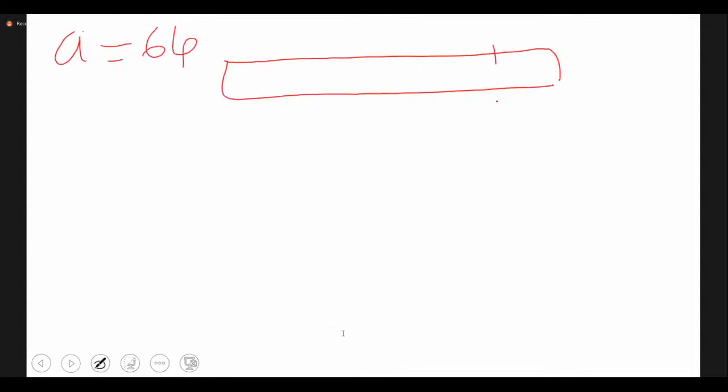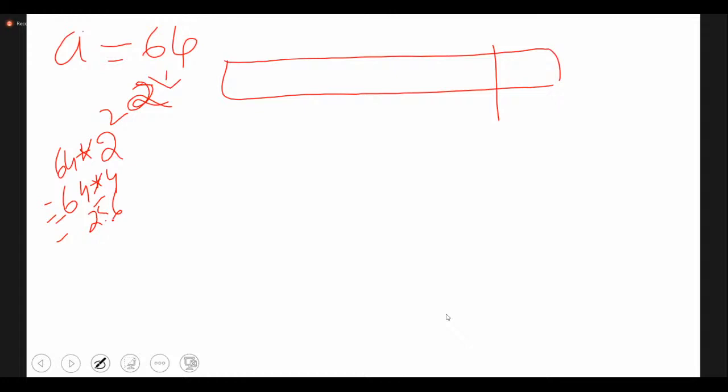Someone is asking for a big number. So let's take a is equal to 64. First I'll represent 64. Let's say you want to shift it by 2 times. What is the formula if I do left shift? 64 into 2 to the power of number of shifts. So you get the answer as 64 into 4. You have to get the answer as 256.